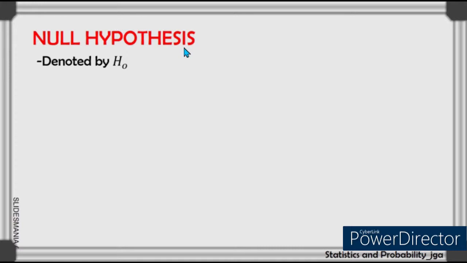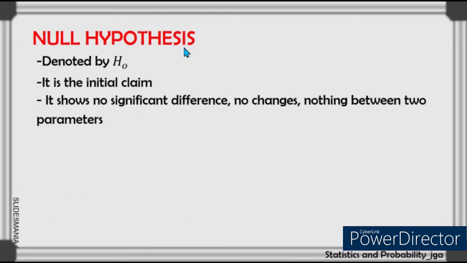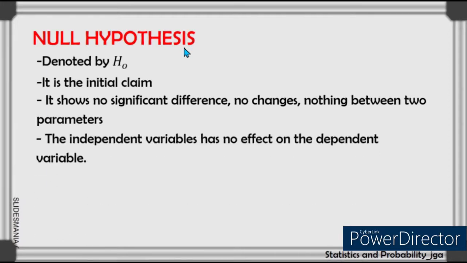This is usually designated by a not or no term in the null hypothesis, meaning there is no change. The null hypothesis is also the initial claim. It shows no significant difference, no changes, nothing between two parameters, and the independent variable has no effect on the dependent variable.